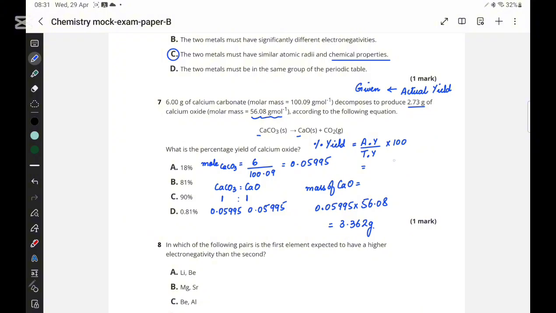Actual yield has been given to you, that is 2.73. Theoretical yield you have found from the equation, 3.362, times 100. So the final answer that comes out is 81.21%. So that is going to be B.